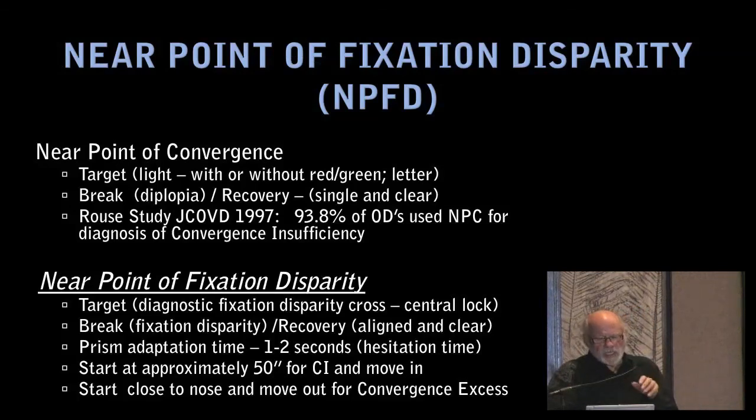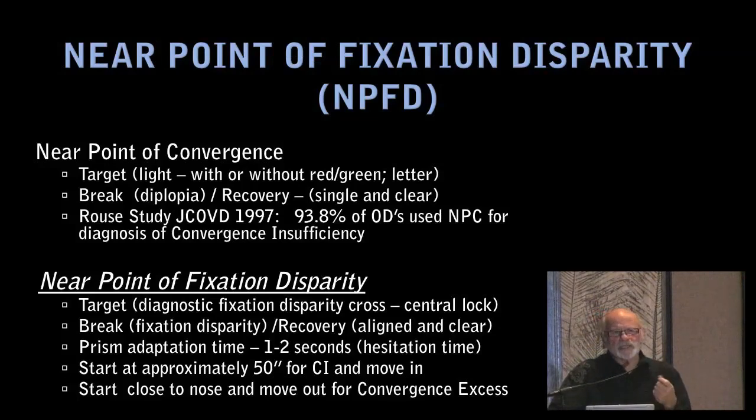In the Rouse study, it was interesting, in '97, 93.8% of ODs used the near point of convergence as their primary diagnostic determination of a convergence insufficiency. What about the near point of fixation disparity? First of all, the target uses that small diagnostic fixation disparity cross, with a central lock, with an accommodative target.